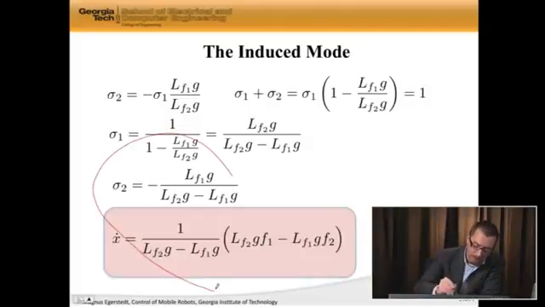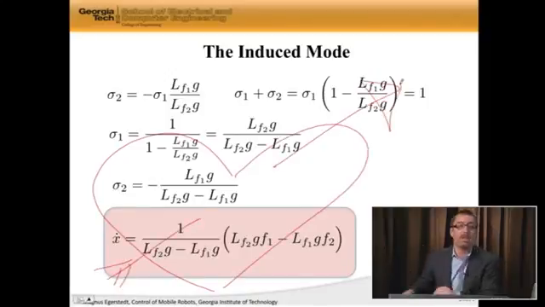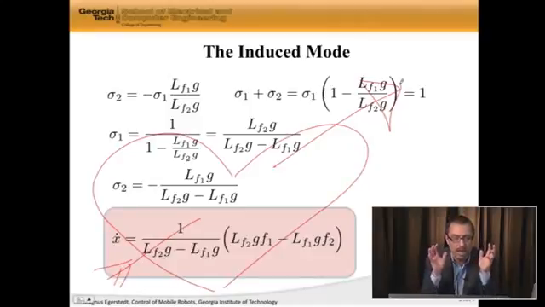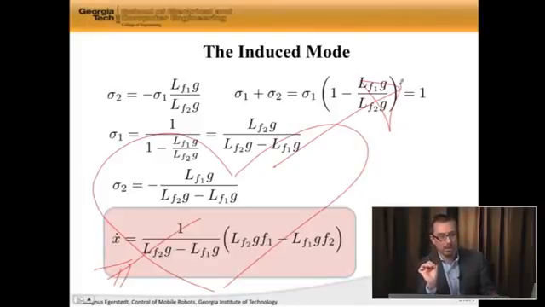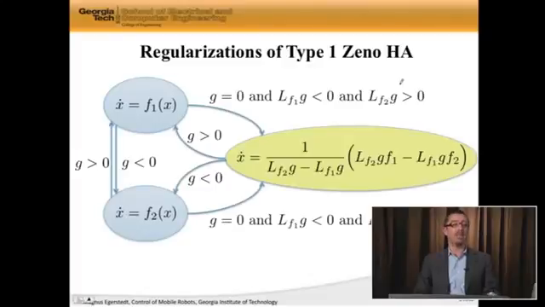So I am going to put a sweetheart around this thing, not because it's particularly pretty, but because it's systematic, and it tells us how to actually find the sliding mode controller, or the induced mode, which means that we know exactly not only when type 1 Zeno occurs, but how to progress beyond it. So let's figure it out. If this is my hybrid system, and if this is a type 1 Zeno hybrid automaton, how do I regularize it? What do I do to add this extra sliding mode?